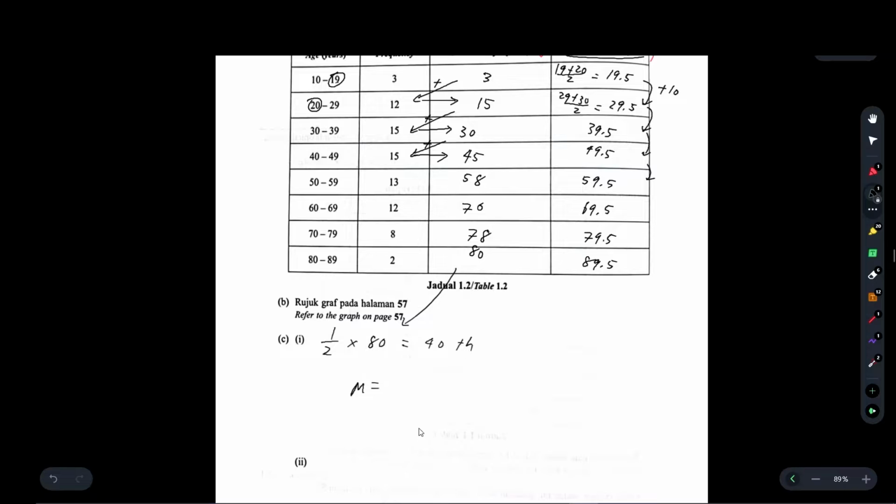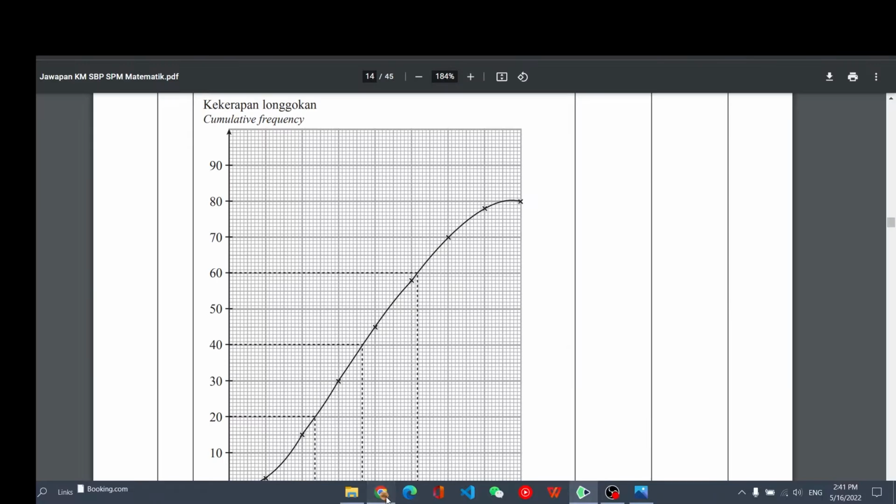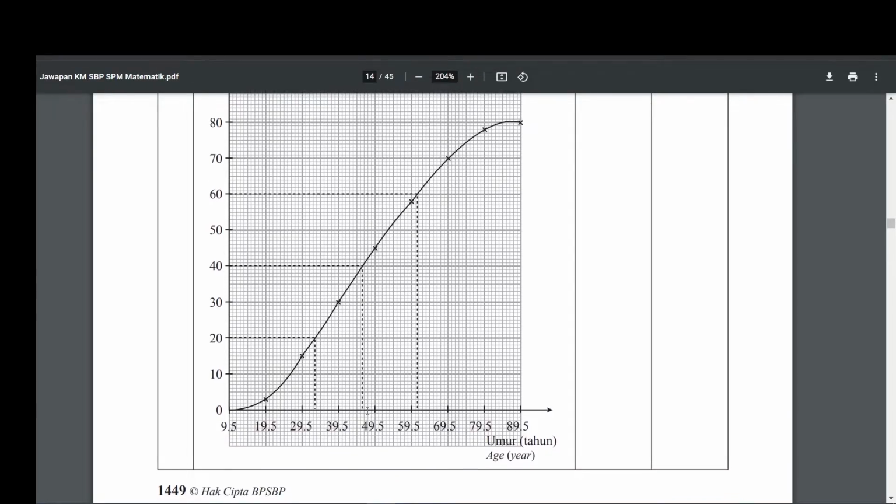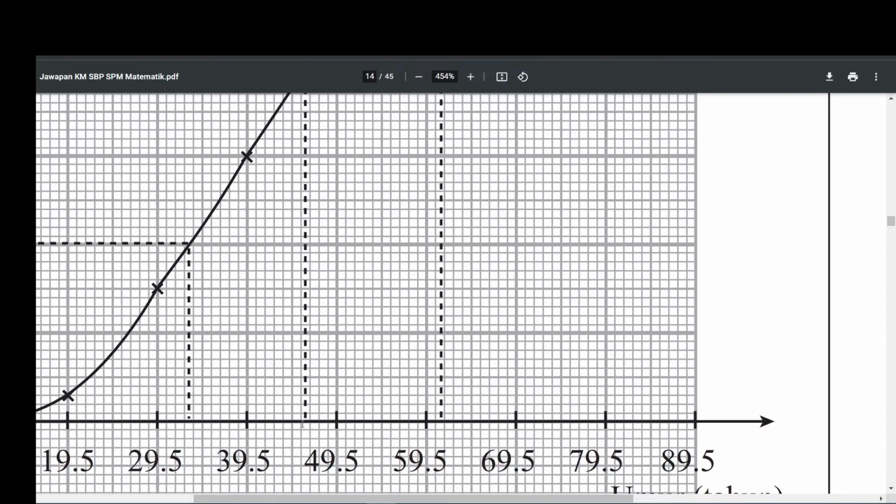Okay, so let's see. Right here, it's from 40, and then goes to the right, and when it touches the graph, it goes down, and it lands right here. Each small square represents 1.